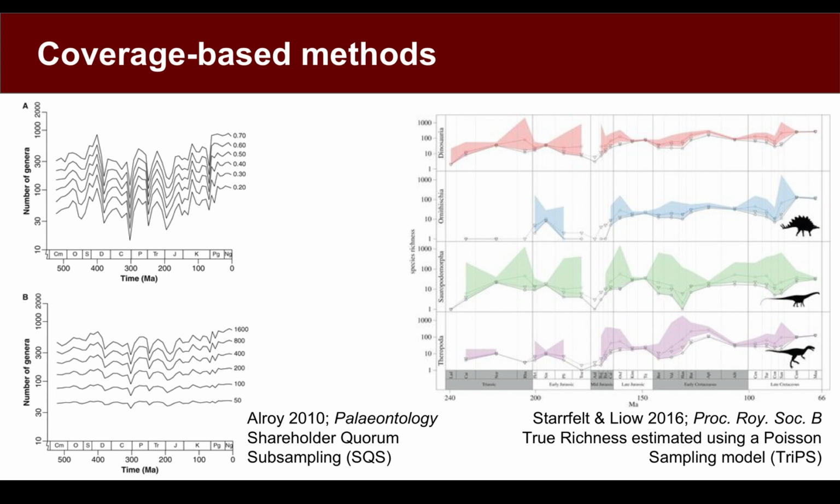TRIPS on the right here has had something of a mixed reception, but it's an extrapolator as well as a coverage method, so it's trying to estimate true richness, which can obviously be a tricky thing to do. The example from the original paper, which is again part of the reading list, is looking at Mesozoic dinosaurs. I'm not going to talk too much more about that, but that's one of the papers you can read about.